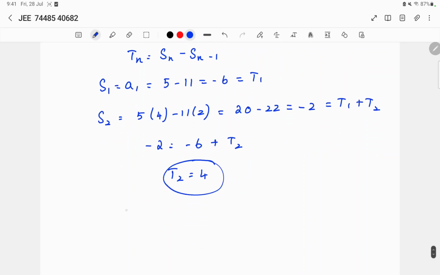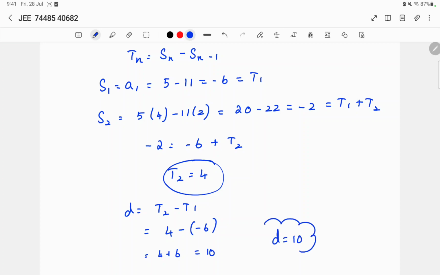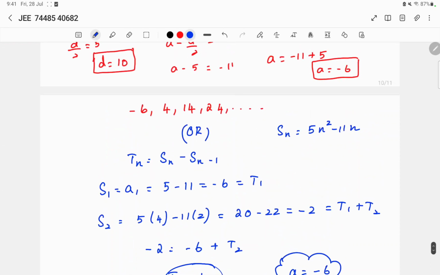So T2 is 4 and T1 is minus 6. So 4 minus of minus 6, 4 plus 6, is 10. So I got the common difference as 10, and the first term as minus 6. After that we can easily form the AP. So there are two methods to do this.